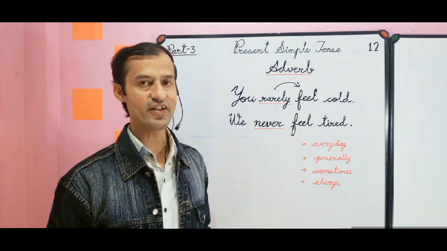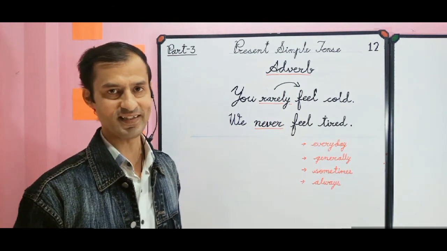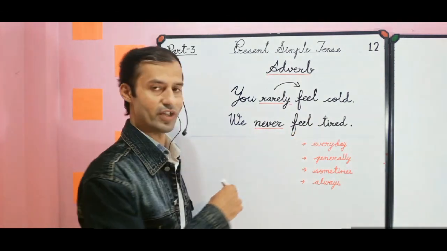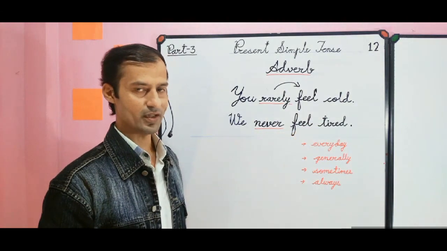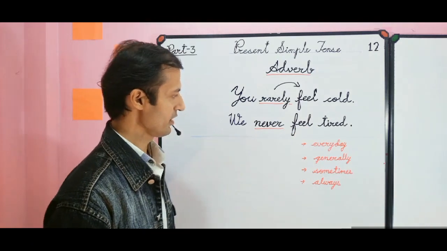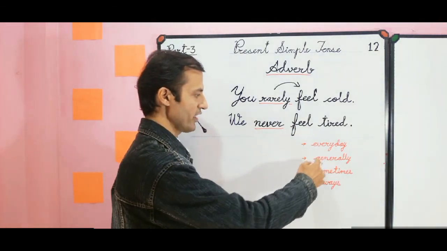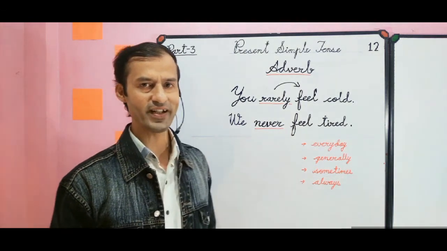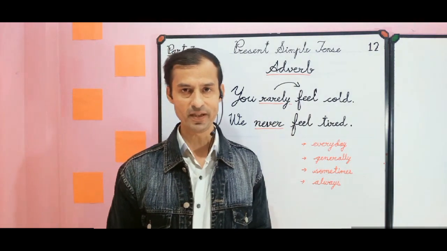So the adverb is a very important part in the present simple tense. And the second sentence: we never feel tired. So never is an adverb, and some other examples are every day, generally, sometimes, always, etc. So we can use many types of adverbs in the present simple tense.